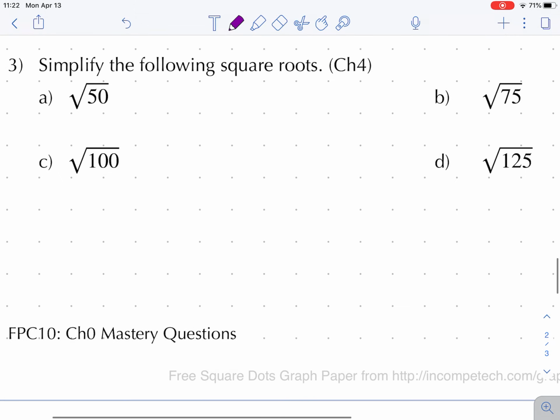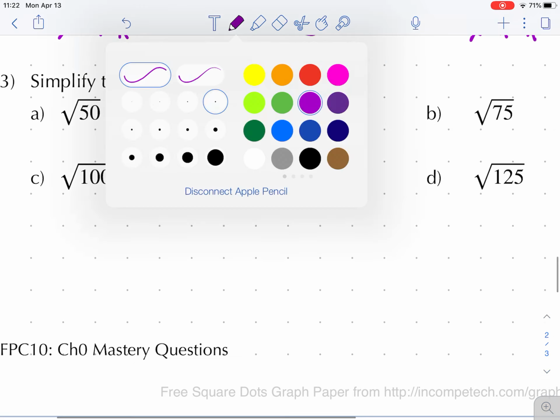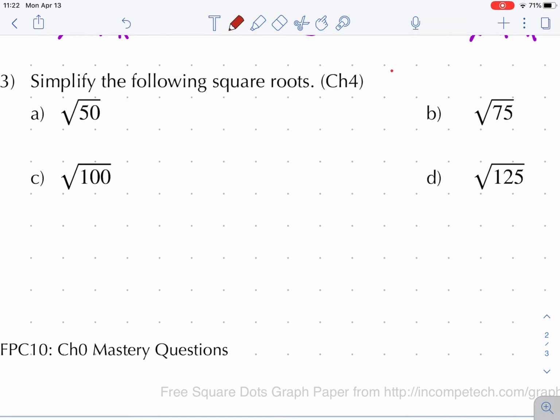All right, question number 3. Simplify the following square roots. Again, make sure when you're doing this type of a question you have a good knowledge of your perfect squares. All right, now we check to see, can I divide 50 by any perfect square? And I always want to use the largest perfect square that I can.